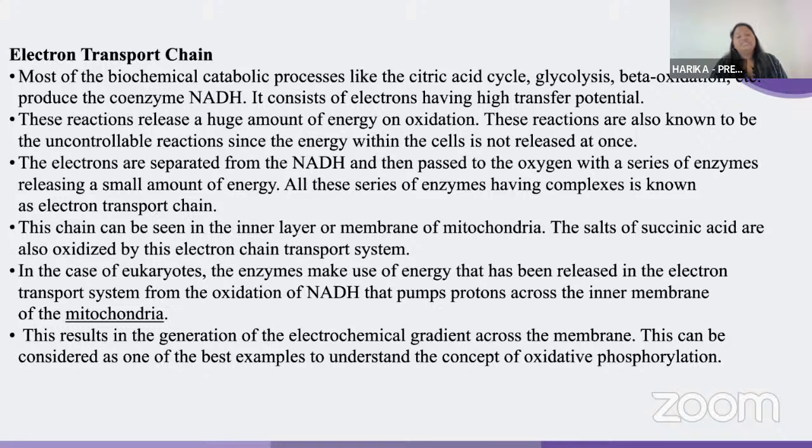In eukaryotes, these enzymes make use of energy released in the electron transport system from the oxidation of NADH, which pumps protons across the membrane. This can be considered one of the best examples to understand the concept of oxidative phosphorylation.